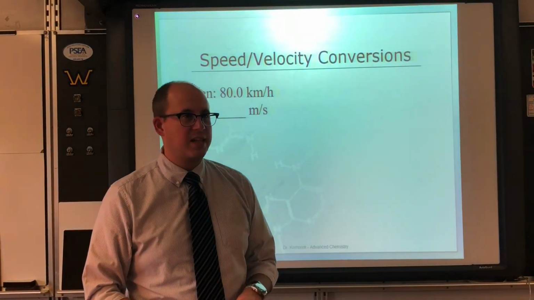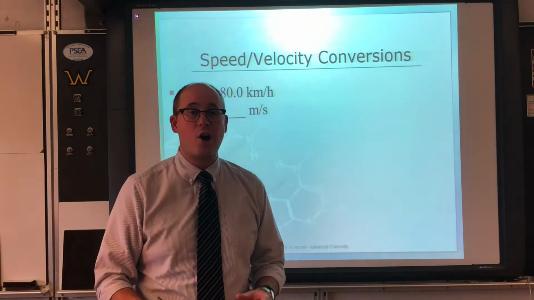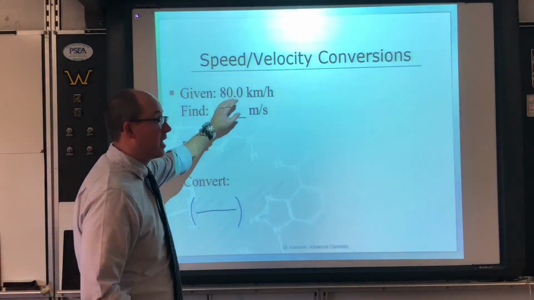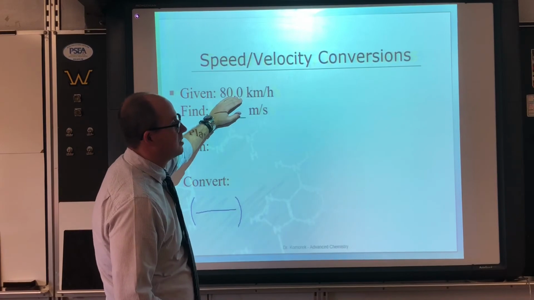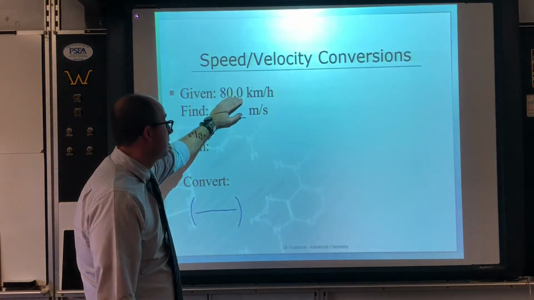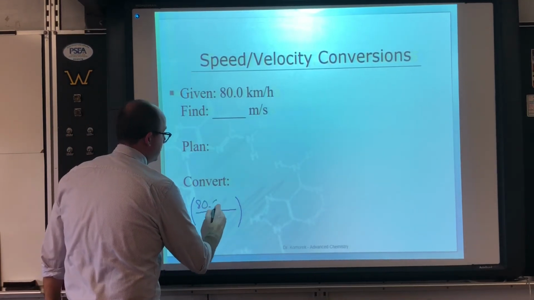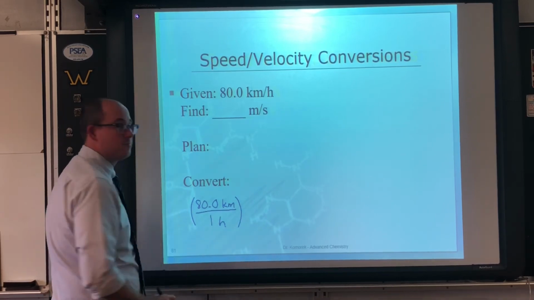Although I sometimes say that you can put a number over 1 to make that happen, that's not always the way we do it. That's one of the ways we do it. This one is already actually a fraction. It's just not written as a fraction. So it's 80.0 kilometers per hour to meters per second. That's 80.0 kilometers over 1 hour.